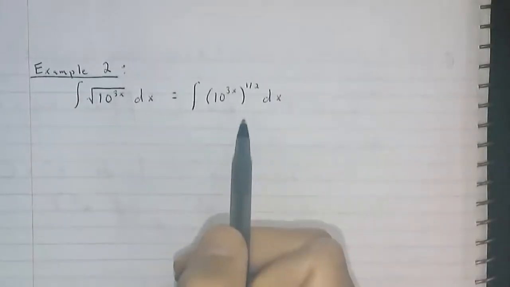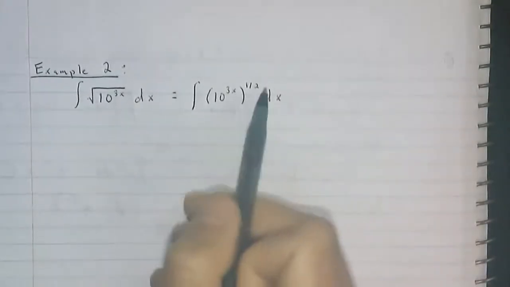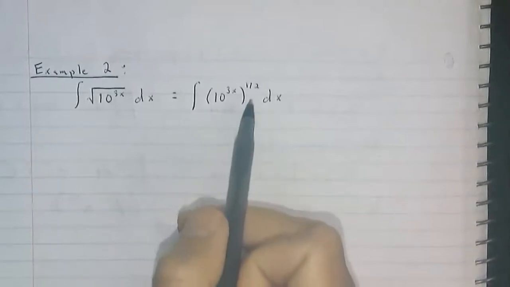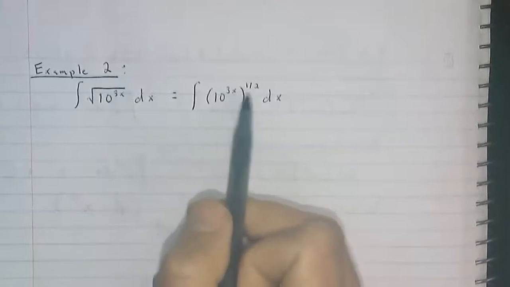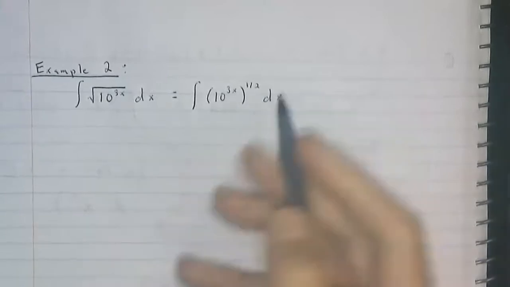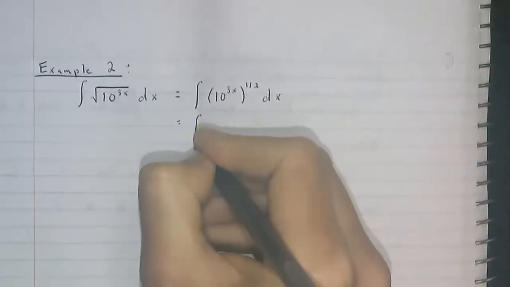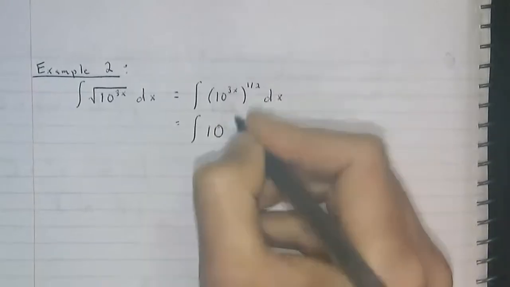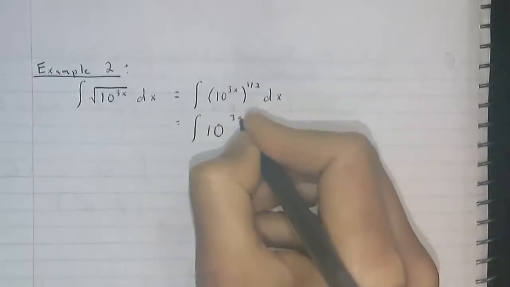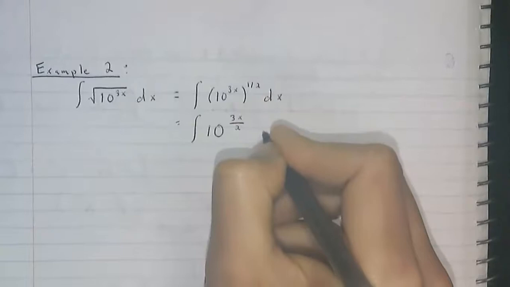And then even further than that, we know we can write this exponent a little more compactly because we can multiply these exponents. And so we'll get the integral of 10 raised to the 3x over 2 dx.